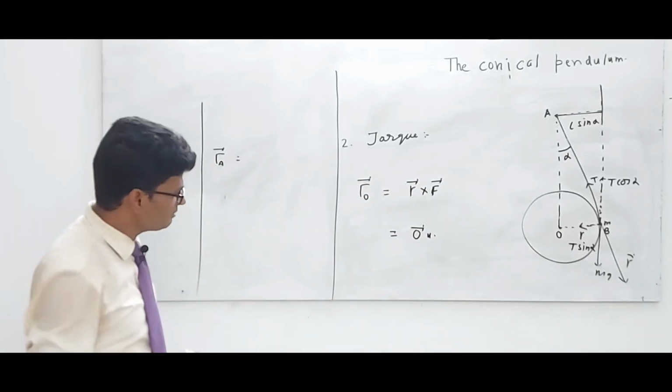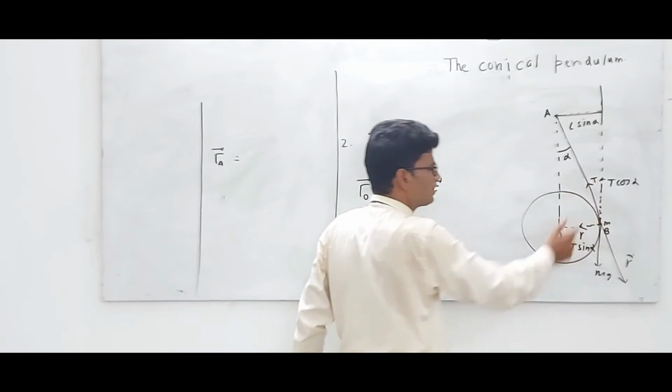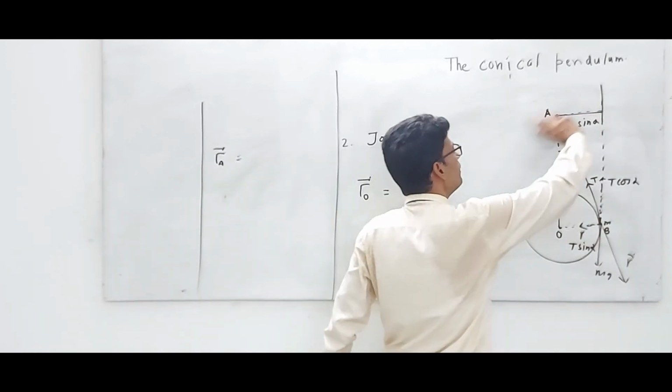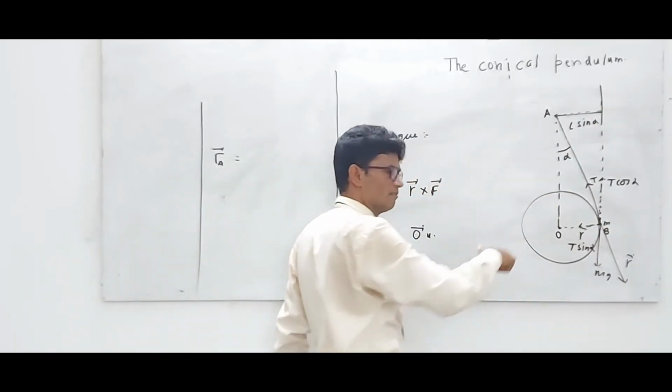Okay. For direction, you may take r cross mg, or you may take the moment arm as a vector.